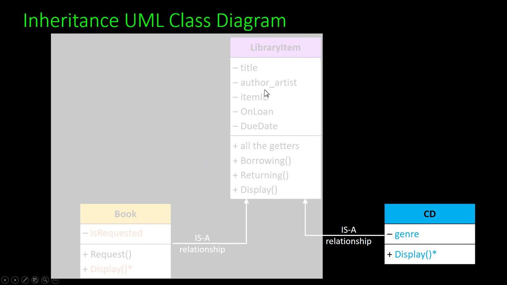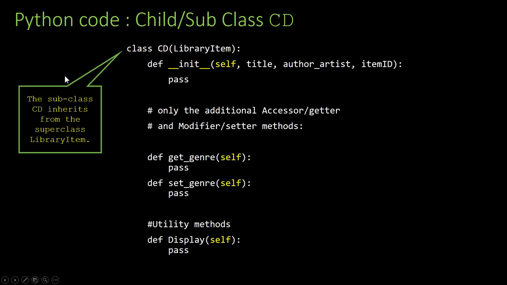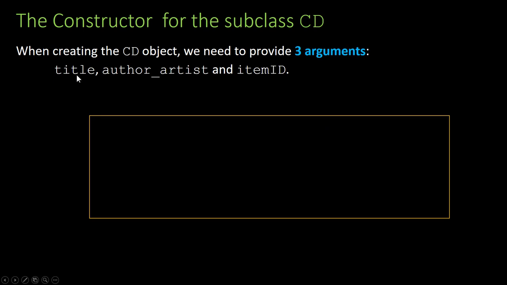We have seen the parent class and also the subclass Book. Now let's take a look at the subclass CD. Subclass CD has an additional attribute called genre, and also has a method called display, which will behave slightly differently from the parent class. In our Python code, the first line is class CD inheriting from LibraryItem. When we use the constructor in the subclass, we will need to provide three arguments, namely the title, author or artist, and the item ID.